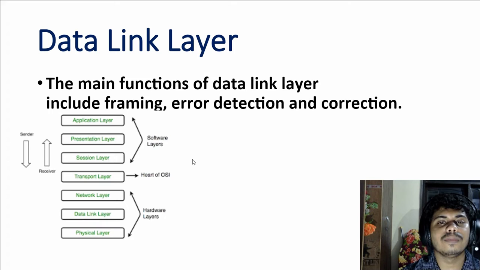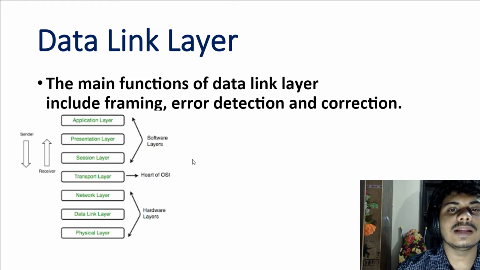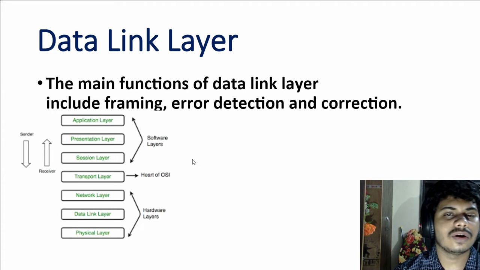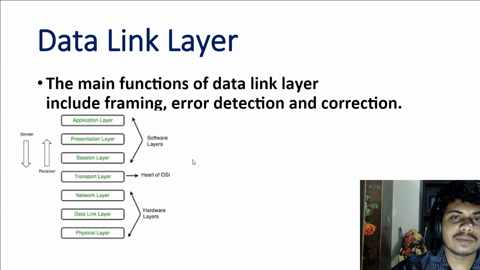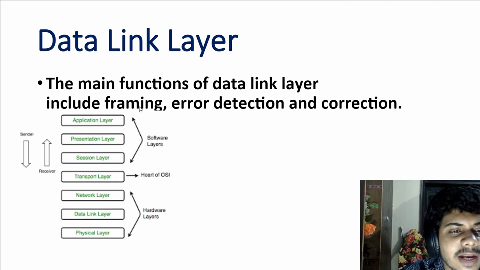I have told you in my last video what the work of the data link layer is. This layer has the work of putting a seal on the data. It means no one can read that data, so it puts it in a form that no one can read. The main functions of the data link layer include framing and error detection and correction.